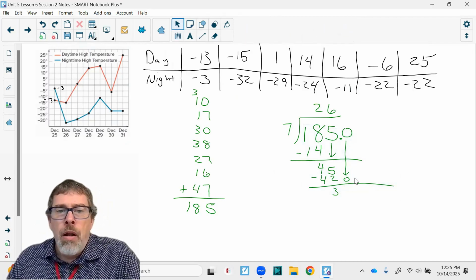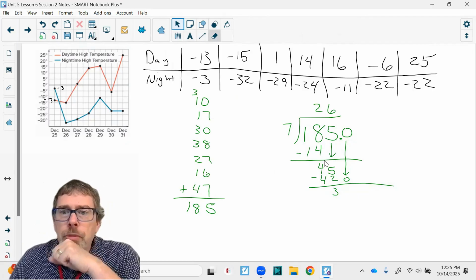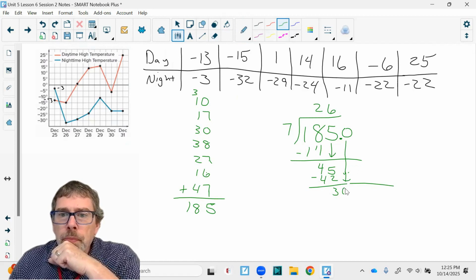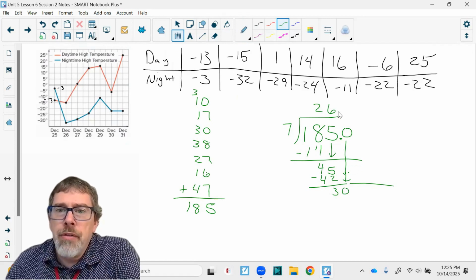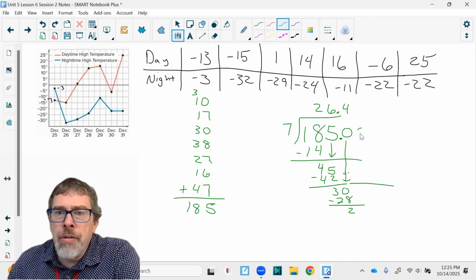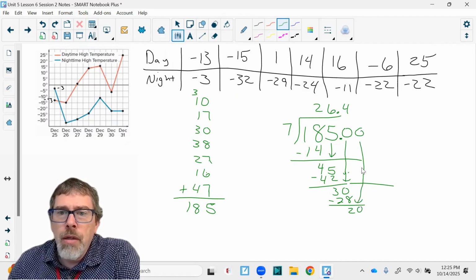Oops. This should be below. 7 goes into 30 4 times. 7 times 4 is 28. Subtract. 30 minus 28 is 2. Bring down another 0. And 7 times 2 is 14.